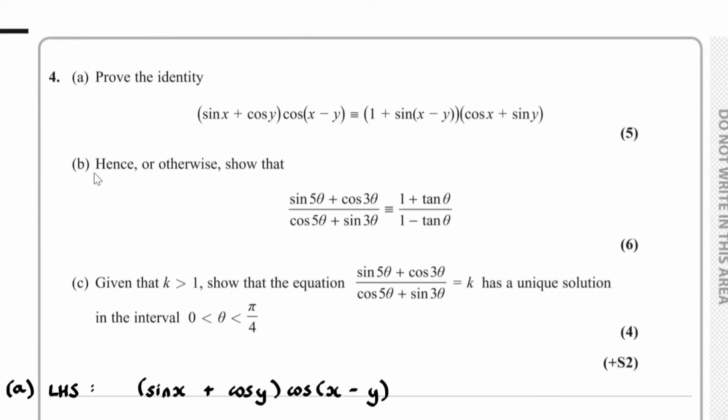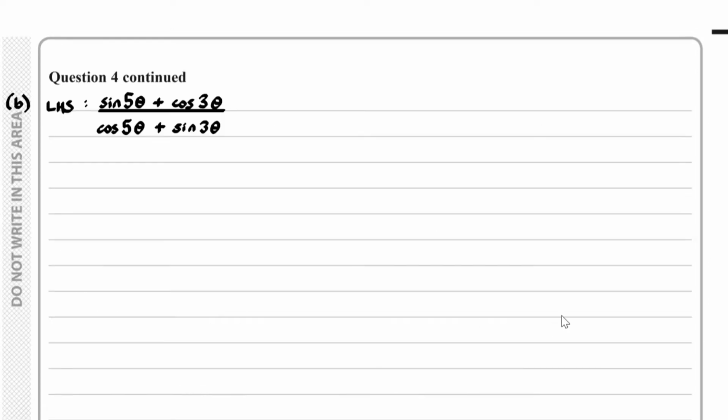Now because the result said hence, what we would have to do somehow is use our result to part A. And the way we will use our result to part A is by letting x equal 5 theta and letting y equal 3 theta.